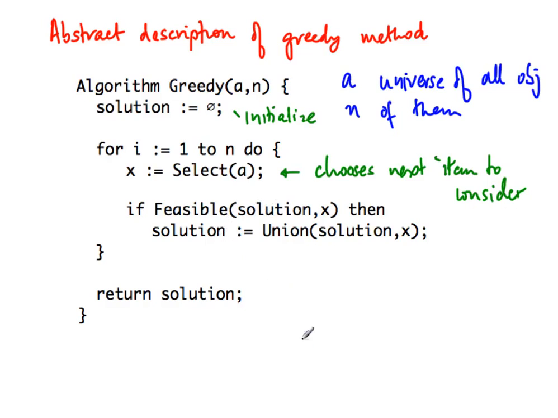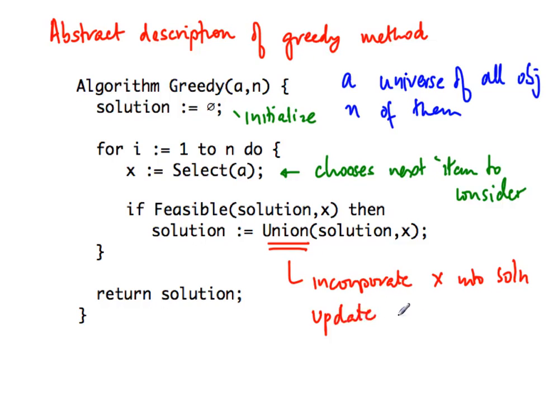So this is abstractly captured by this union operation. What union encapsulates is that you want to incorporate x into the solution and you want to update the state or the objective function or various things.